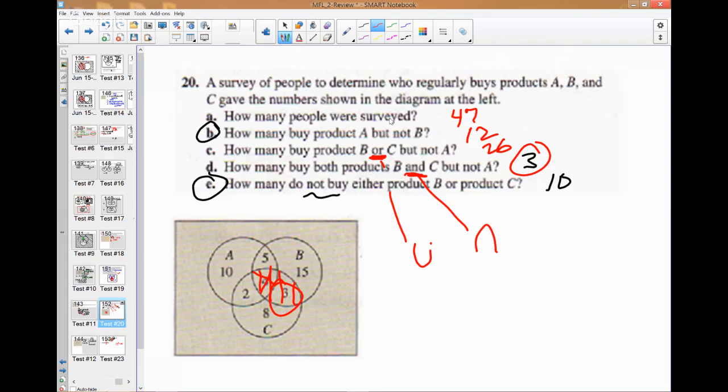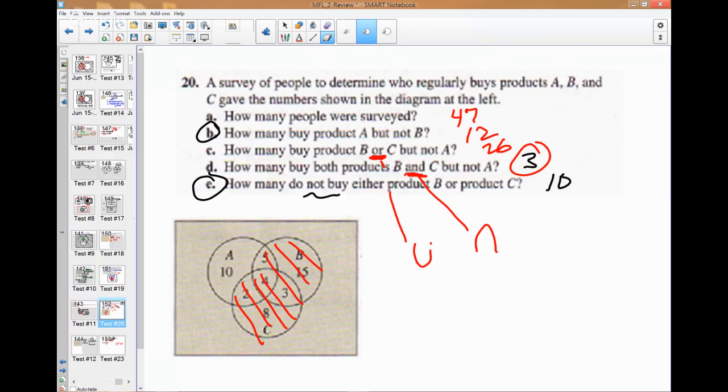Okay, how many do not buy either B or C? So B or C, remember that's this thing again, B union C. So if you take all of those out, what's left?